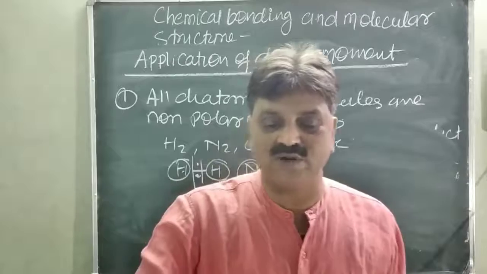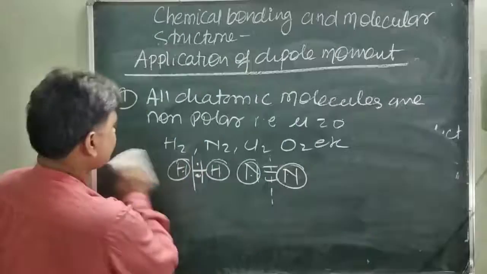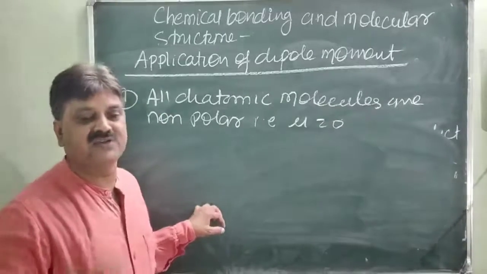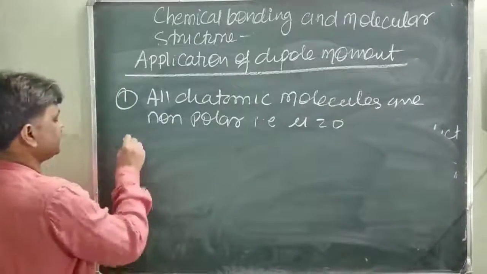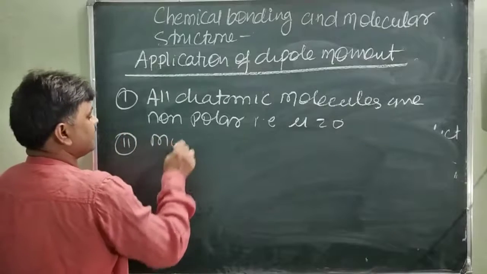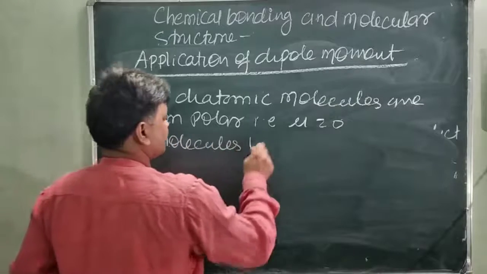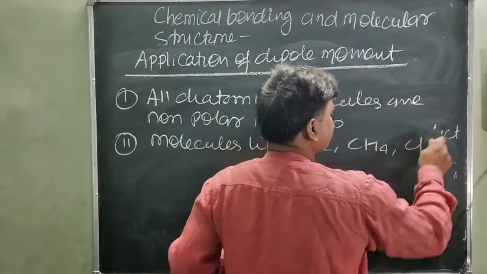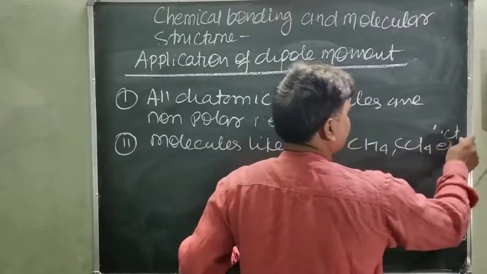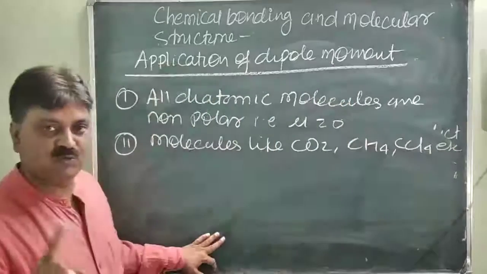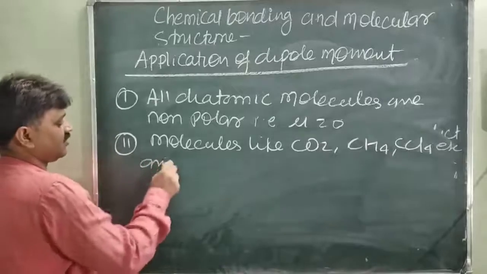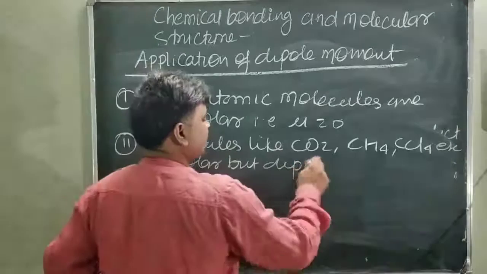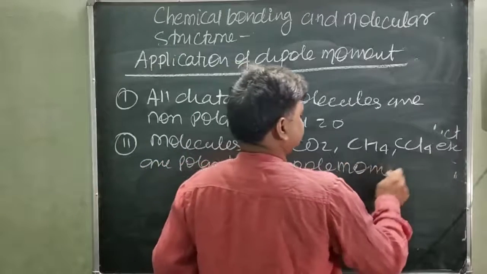Another kind, second: molecules like carbon dioxide, methane CH4, CCl4, etc. These are polar bonds, but their dipole moment value is equal to 0.